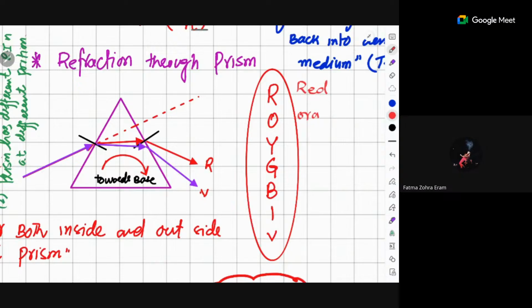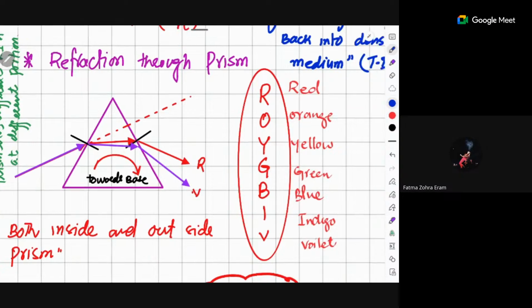Then you have orange, yellow, green, blue, indigo, then violet. All these colors have different wavelengths. What is the wavelength of red light, by the way?